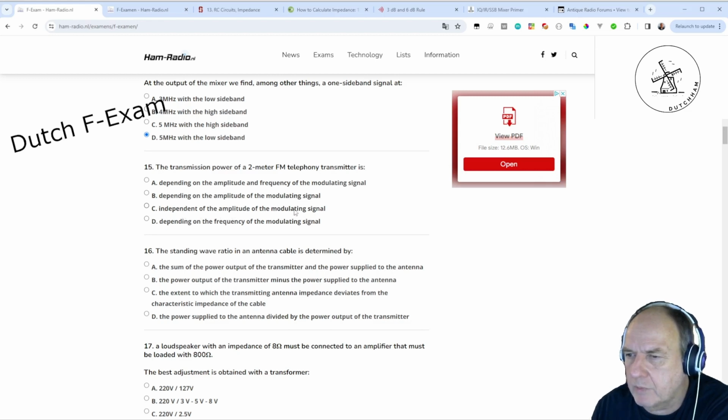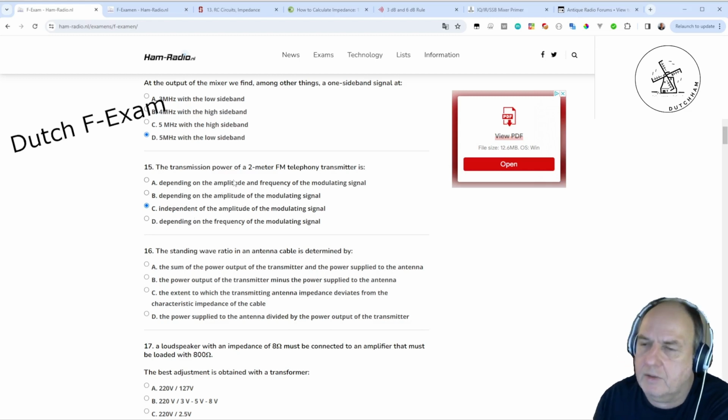Independent of the amplitude of the modulating signal. No, we'll go for answer C. It's not depending on the amplitude and the frequency of the modulating signal. The bandwidth will be different. Depending on the amplitude, no, also not. No, I'll go for answer C.